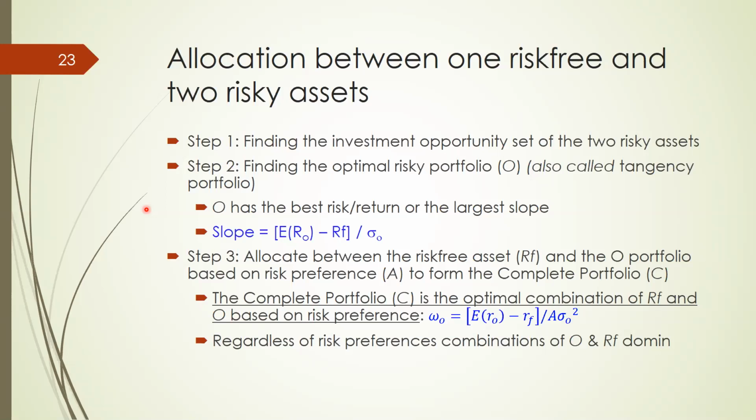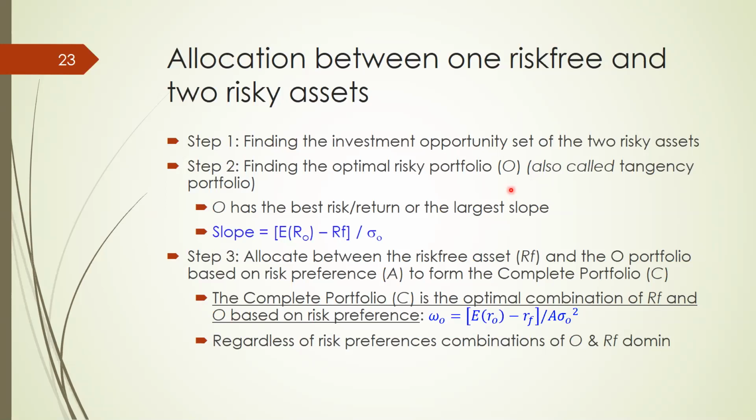Okay, so here are the steps. Step 1, we focus on the two risky assets and find the investment opportunity set of the two risky asset portfolio. Step 2, we'll form the optimal risky portfolio, using the big ugly formula for the tangency portfolio.